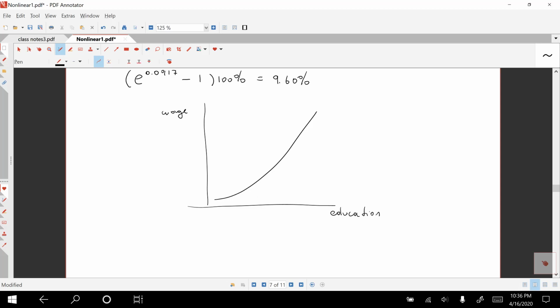What this graph is showing you is that the effect of an additional year of education in terms of dollars per hour is smaller at the beginning, and that same one additional year of education becomes larger later on.